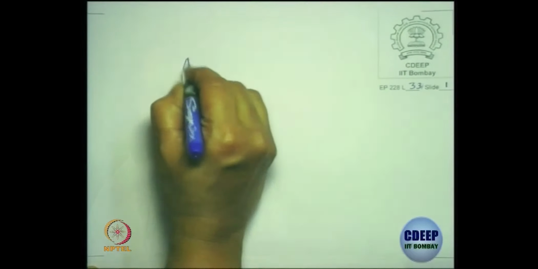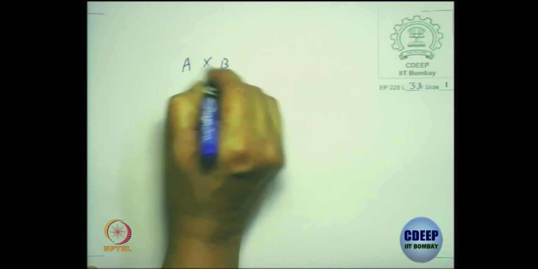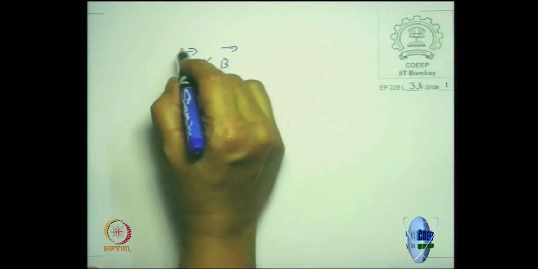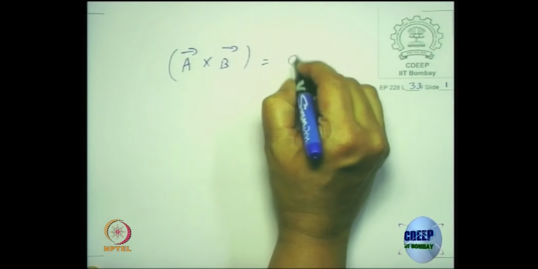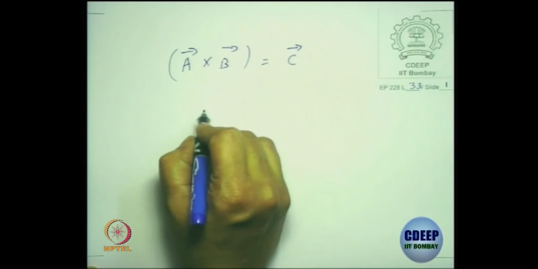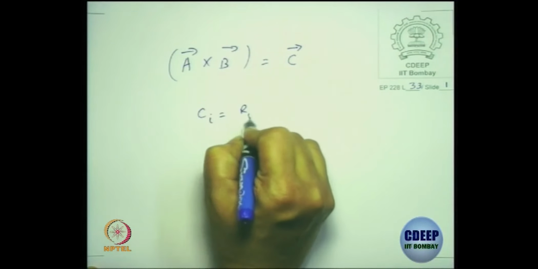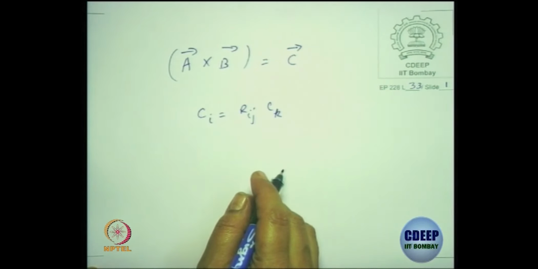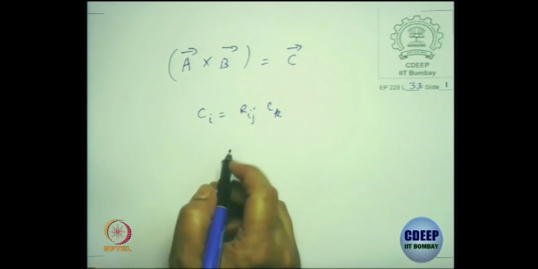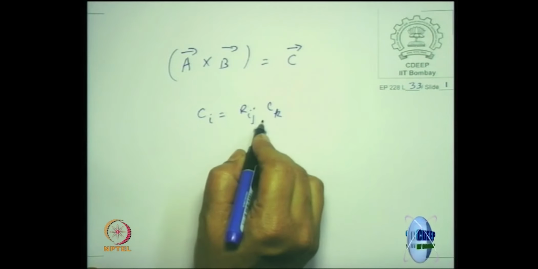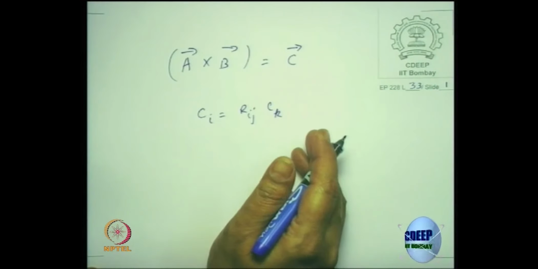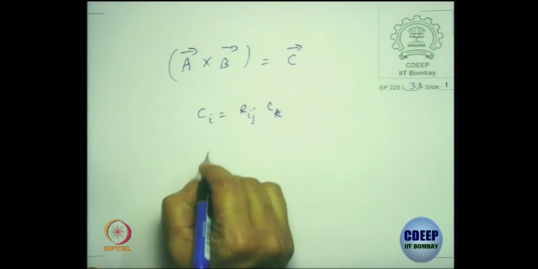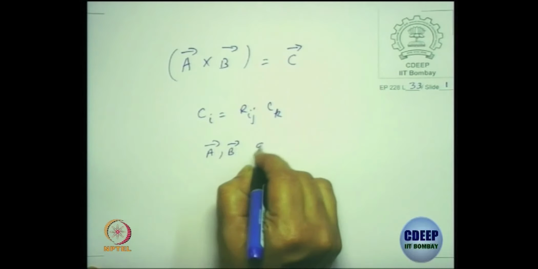So if you have A cross B, call this a new vector C. Under rotation, C_i will be R_ij C_j, where R_ij is the rotation matrix in classical mechanics. So this is also a vector under proper rotations. The only difference between A, B and C is that A and B are polar vectors.